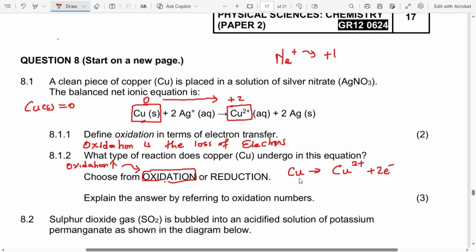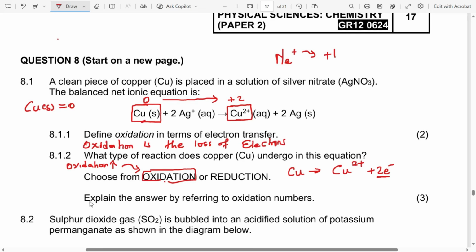Since we start with 0 and end with plus 2, you put the plus 2 on your reactants. I'm sorry, on your products. Since it is on your products, this tells you there was a loss of electrons, and loss of electrons is oxidation. So the correct answer is oxidation.